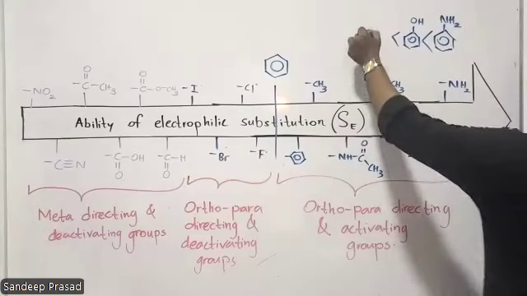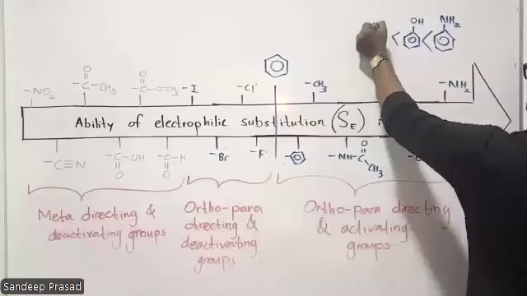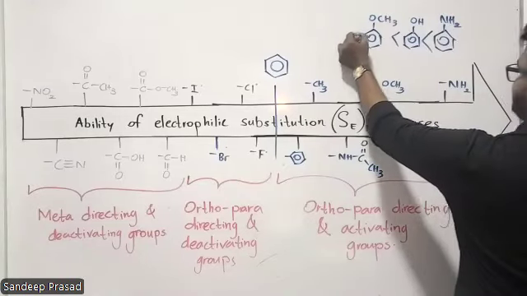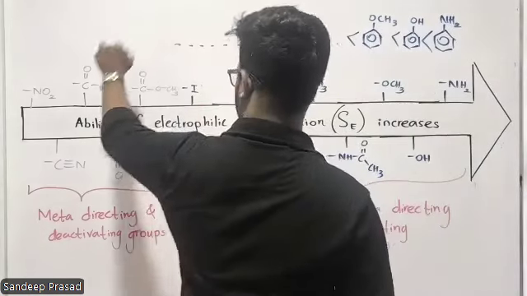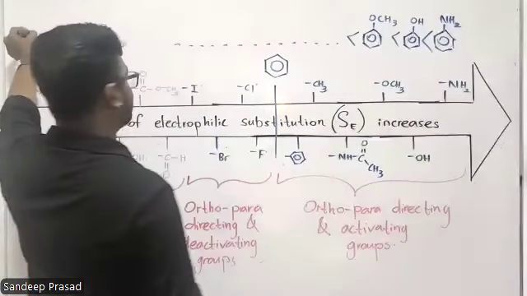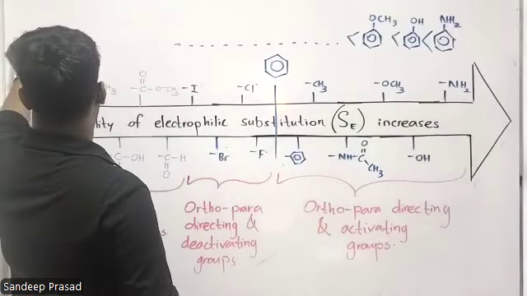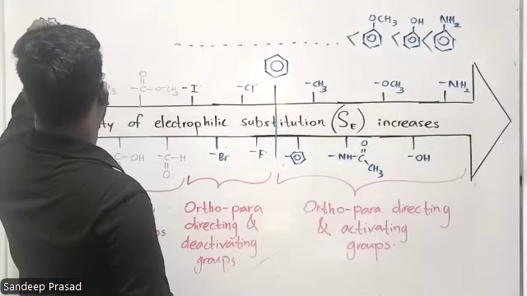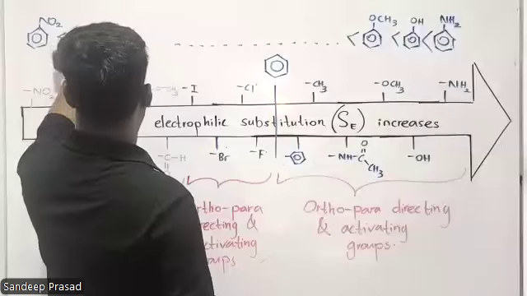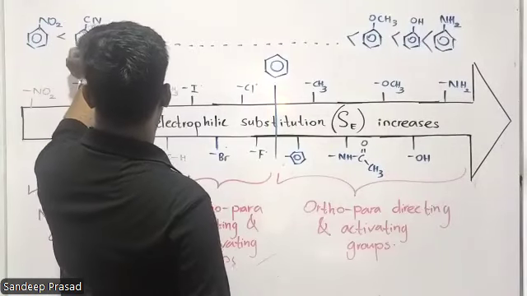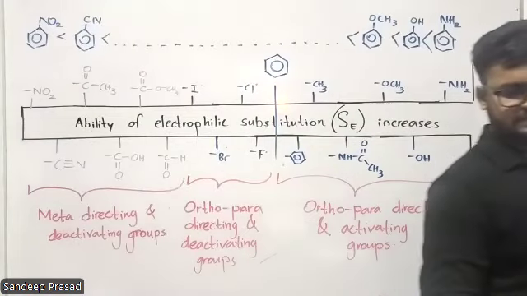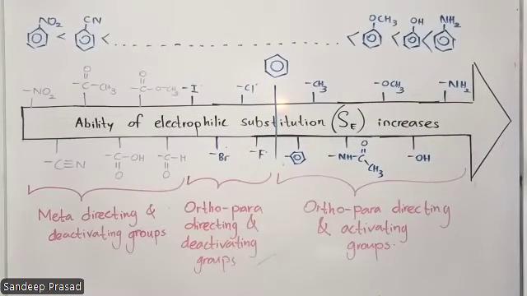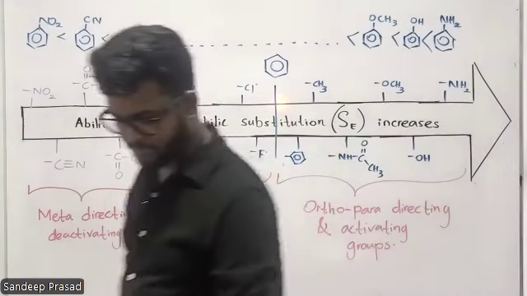Then third one is OCH3, like this. Can you understand? Right? So here we can see that the less one is nitrobenzene, then cyanobenzene, likewise. Can you understand? Quickly note down this one.